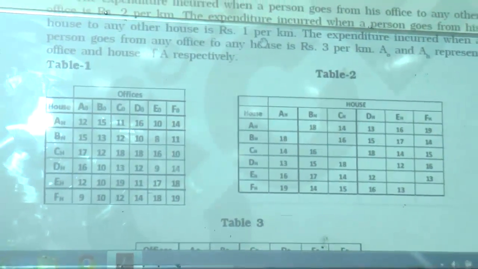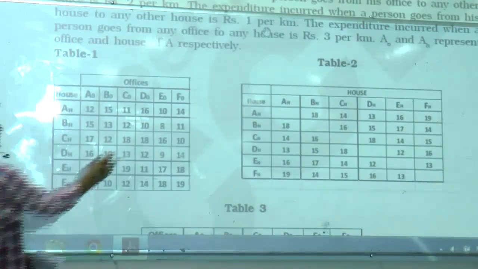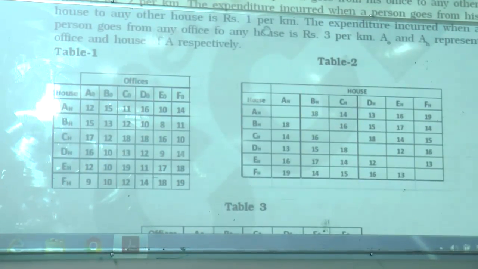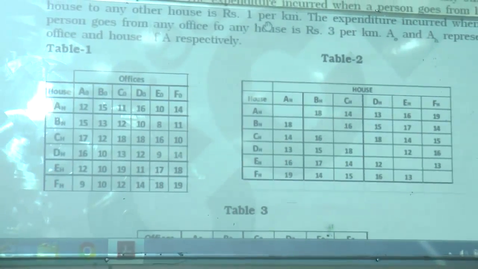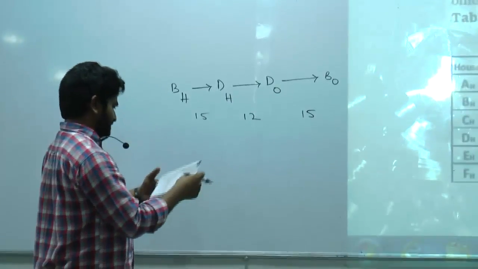D house to D office, 12 kilometers. D office to B office, how much? 15. But you're asked to calculate the expenditure cost, how much they are going to charge.